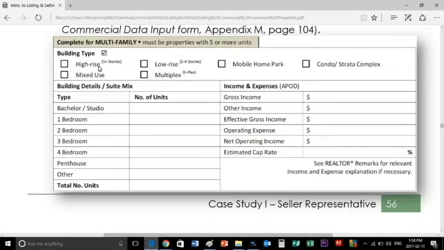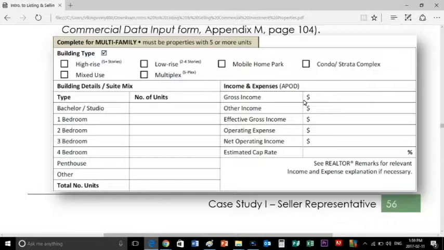So building type, we've got high-rise, 5+ stories, mixed use, low-rise 2 to 4 stories, multiplex, 5-plex, mobile home park and condo strata complex. For the building details, the suite mix, we have the types and the number of units. So you would list the number of units here. So bachelor studio, 1, 2, 3, 4 bedroom, the penthouse, other, and then you put the total number of units.